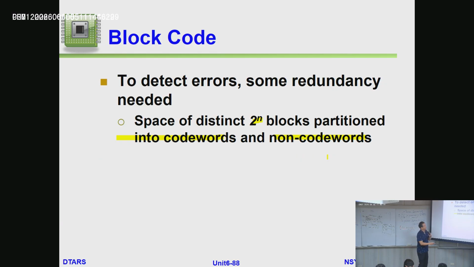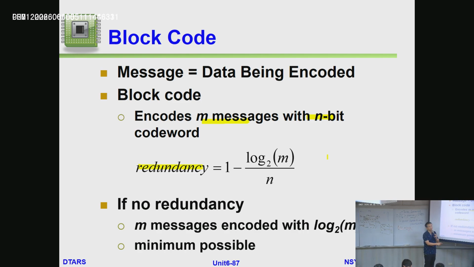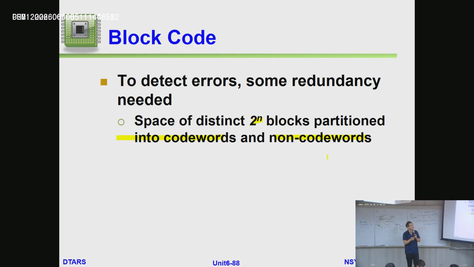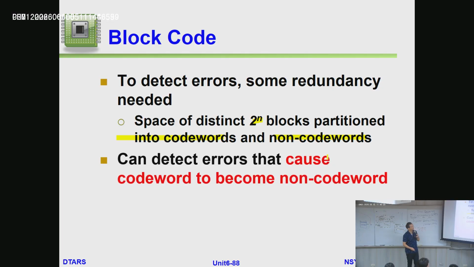So that is why we may need to increase n, because we hope that by increasing n, we can divide the information into 2 parts. One part is the legal one, the code words. If your output is correct, then after encoding by ECC, for example, plus the parity codes, it will become a legal code word. If there are some errors, then these errors will make your output a non-code word.